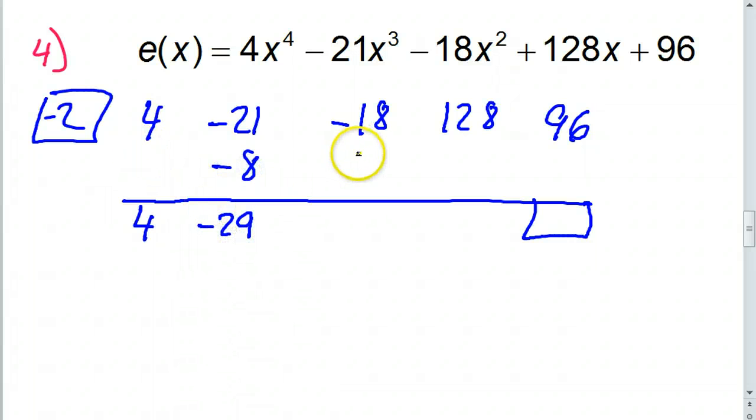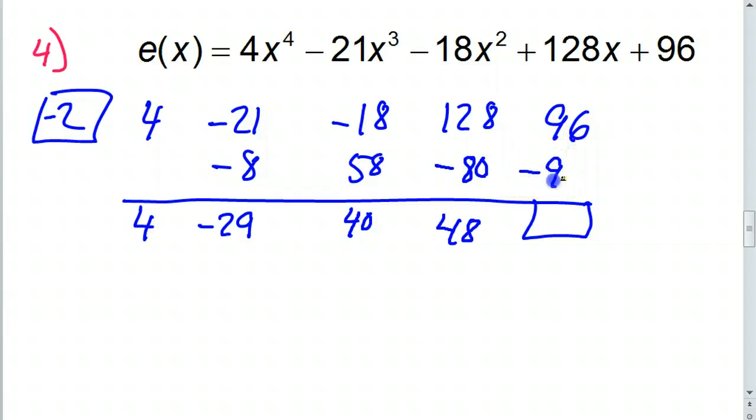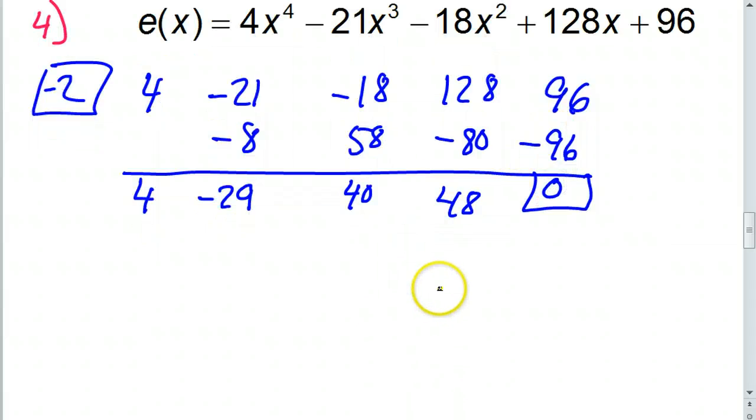What's 2 times 29? 58. Okay, that's 40. Yeah, can't add. So that's negative 80. What's that? 48. So that's negative 96. So there you go.